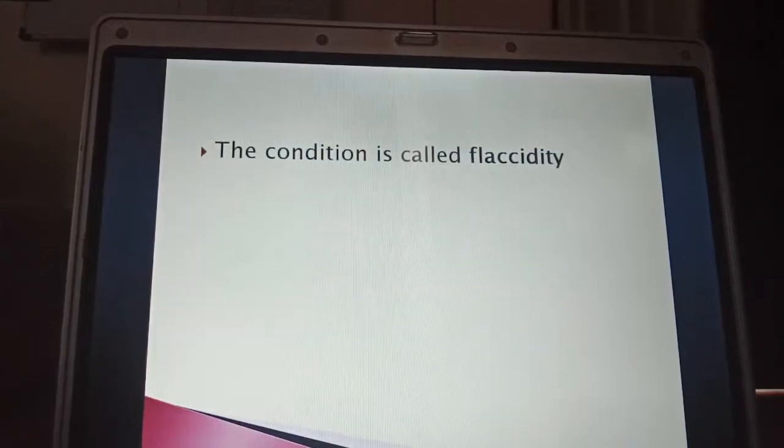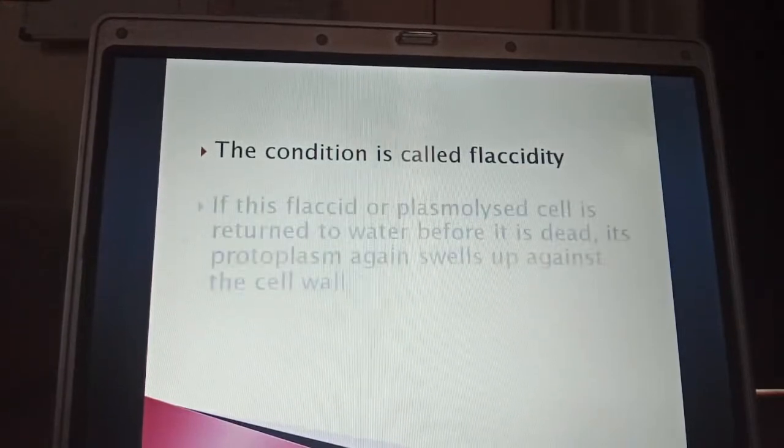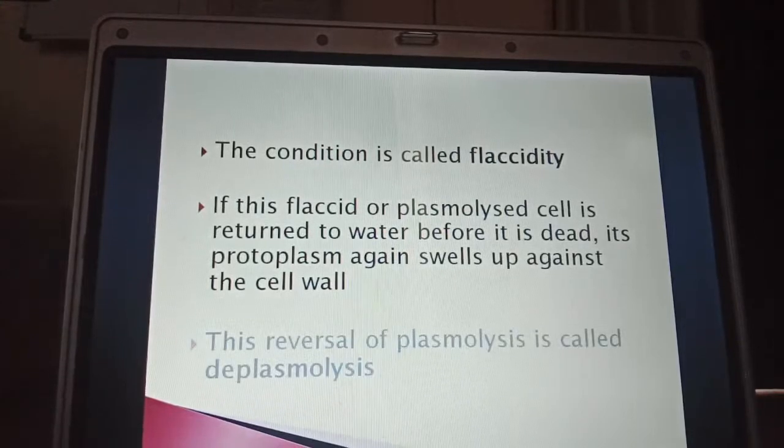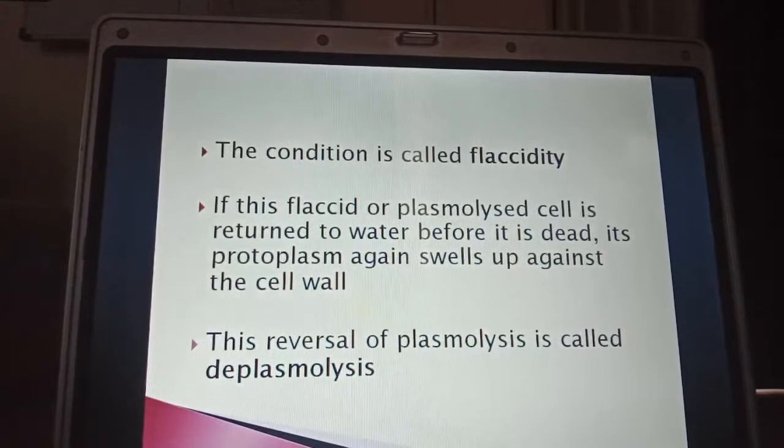This condition is called flaccidity. If this flaccid cell or this plasmolyzed cell is again placed in water, that is in a hypotonic solution, before it is dead, its protoplasm regains the water and it will swell up against the cell wall. This reversal of plasmolysis is called deplasmolysis.